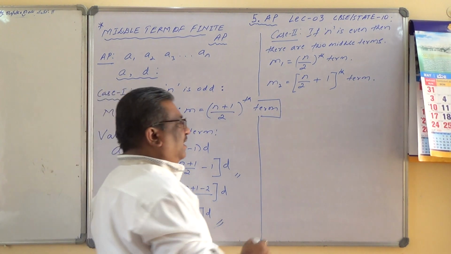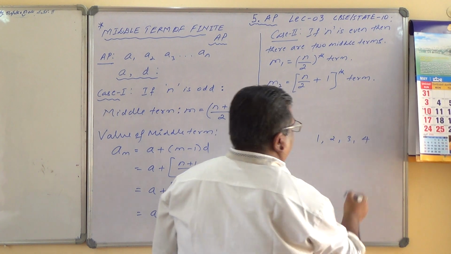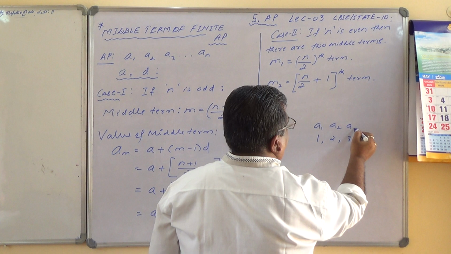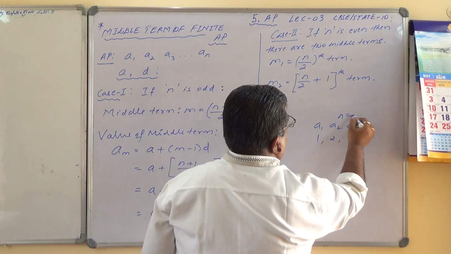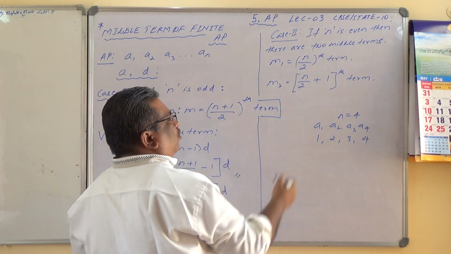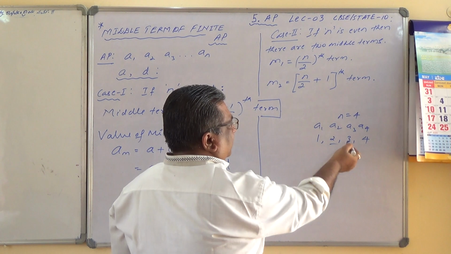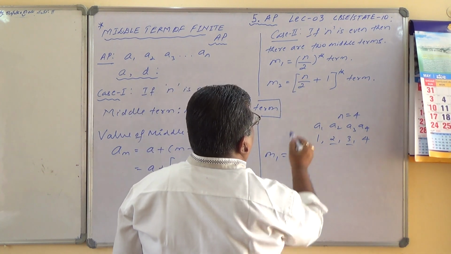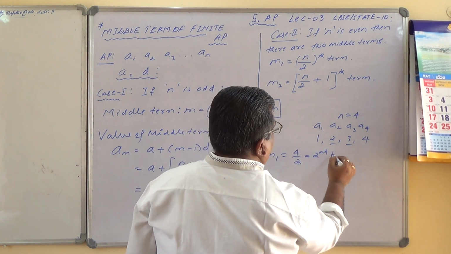Confused? Check here. 1, 2, 3 and 4. These are the values. This is the first term a1, a2, a3 and a4. Now n equals 4 here. So which are the two middle values? One is 2 and one is 3, isn't it? 2 is the second term, 3 is the third term. So m1 equals n by 2, 4 by 2 which equals 2, which is the second term.